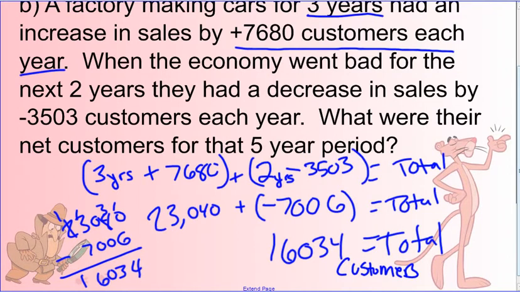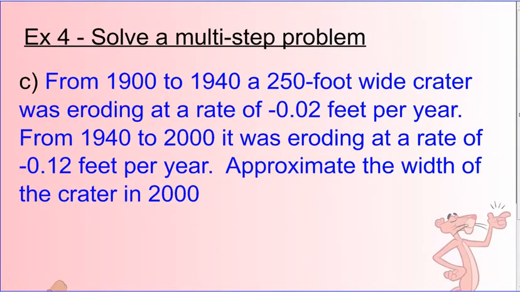We have one more similar problem for you to try. I'll read it here. It says, from 1900 to 1940, a 250-foot wide crater was eroding at a rate of 0.02 feet per year. And notice it's a negative because it's going down.